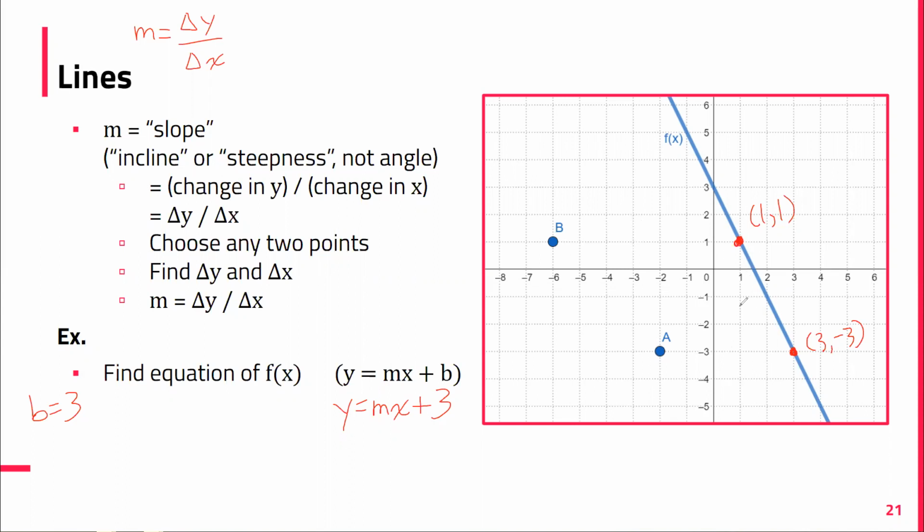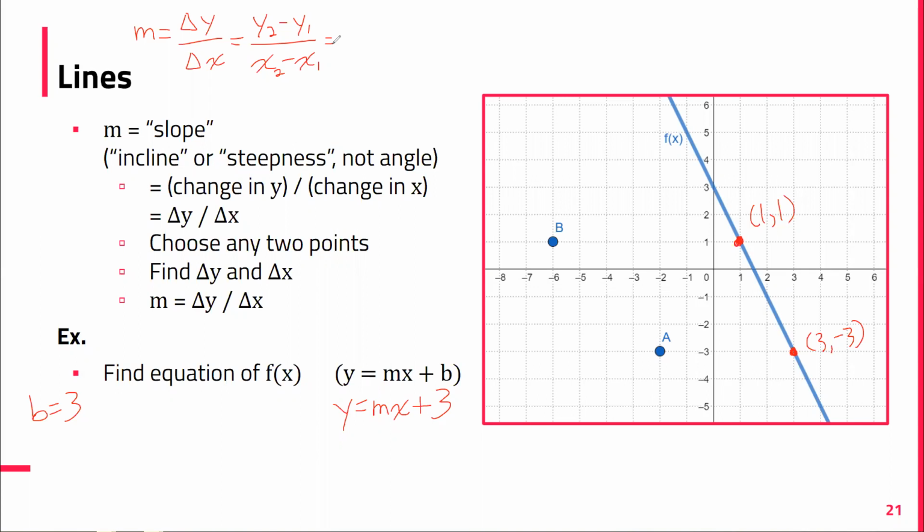So we could just count it. What's the change in y? Well, we do 1, 2, 3, 4 steps, and then 1, 2 with x. Or if we don't have the graph handy, we can just use algebra and use the values that we have here. So change in y is y2 minus y1, divided by x2 minus x1.